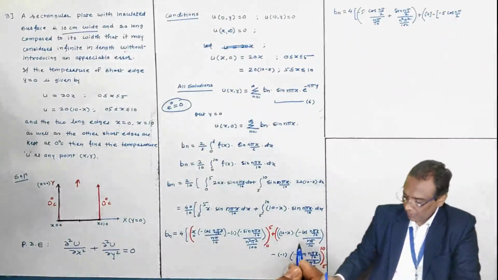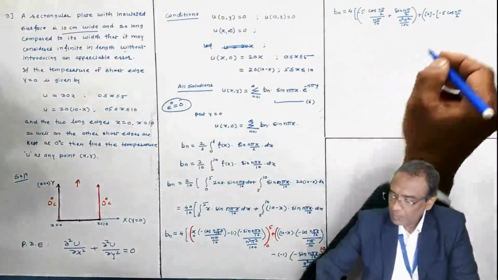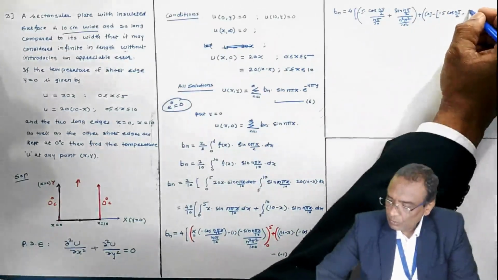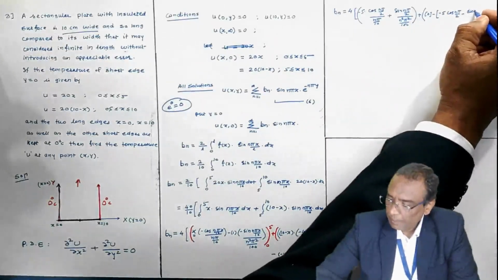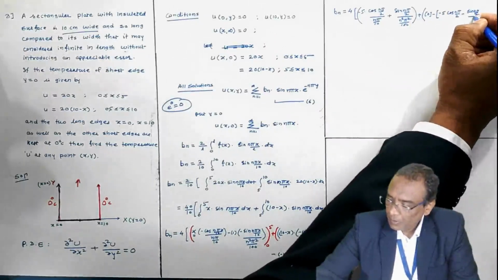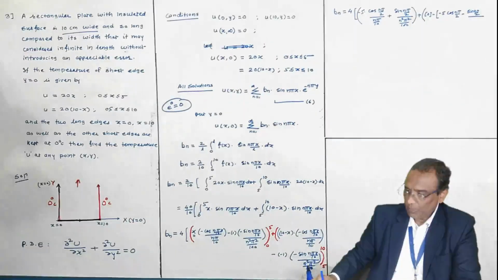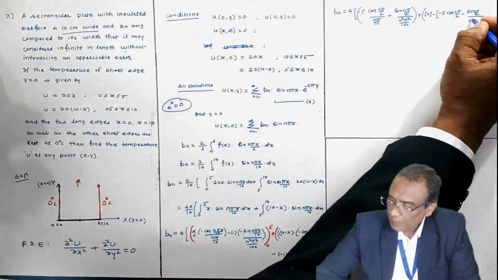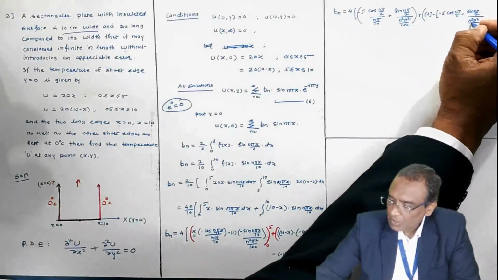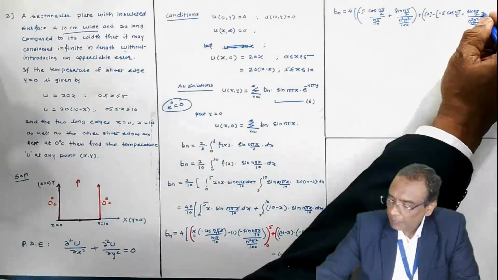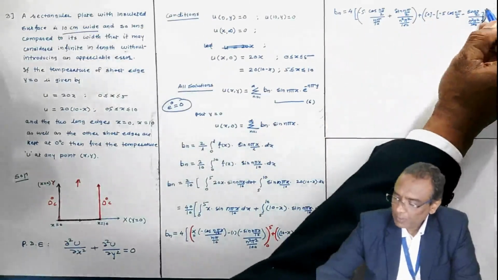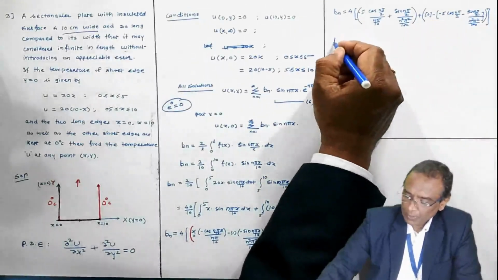Put x equal to 5, minus minus plus, sin n pi by 2 divided by, I am putting x equal to 5 here, n square pi square by 10 square means 100. Is it? Means put upper limit, lower limit. Now bn equals.